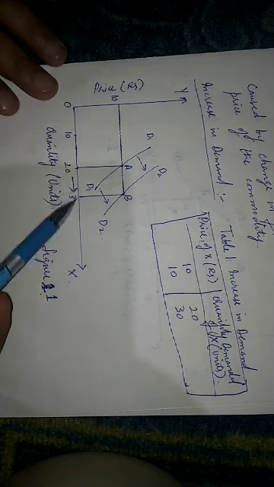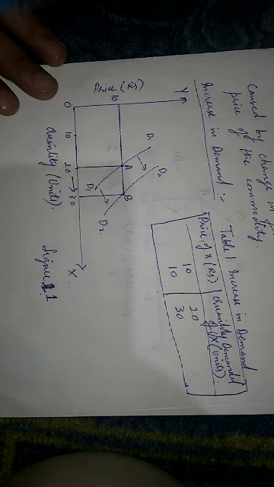So increase in demand refers to increase in quantity demanded of a commodity at its existing price. And here the existing price is rupees 10. First, the quantity demanded is 20 units. Now the quantity demanded is 30 units.